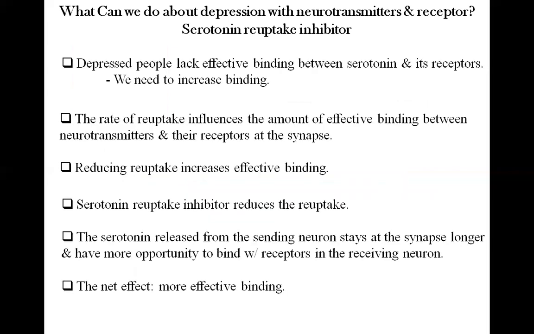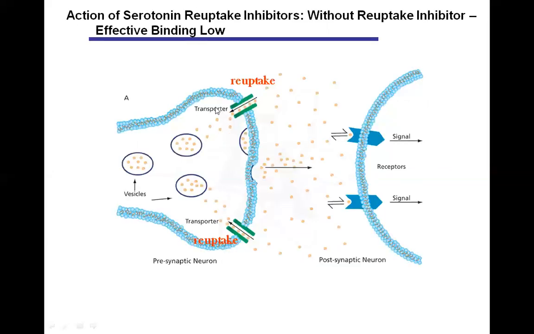We have to find other ways to help people with depression. And usually, the medication for treating depression is by way of reducing reuptake. Look at here. Suppose this is the neural synapses in the brain of a depressed person. The sending neuron, the neuron sending the information, is releasing neurotransmitters, serotonin.